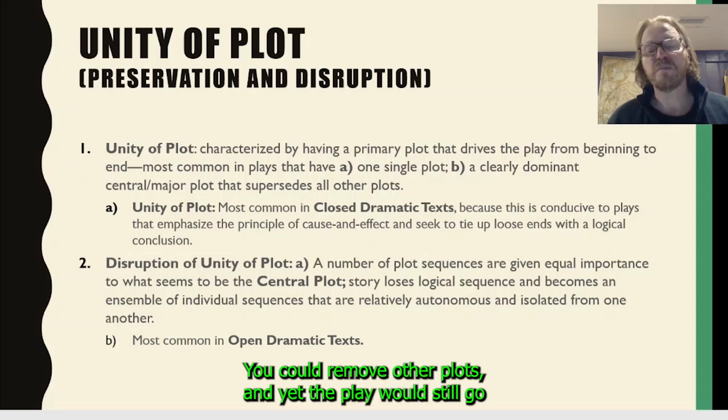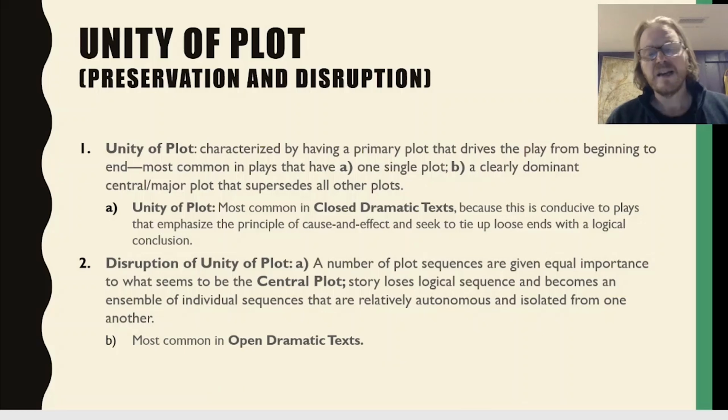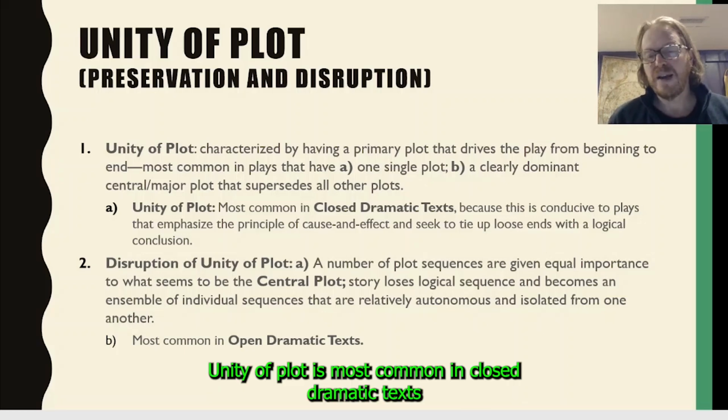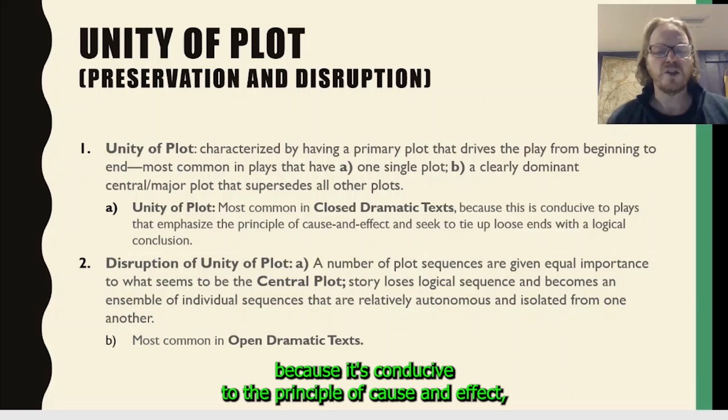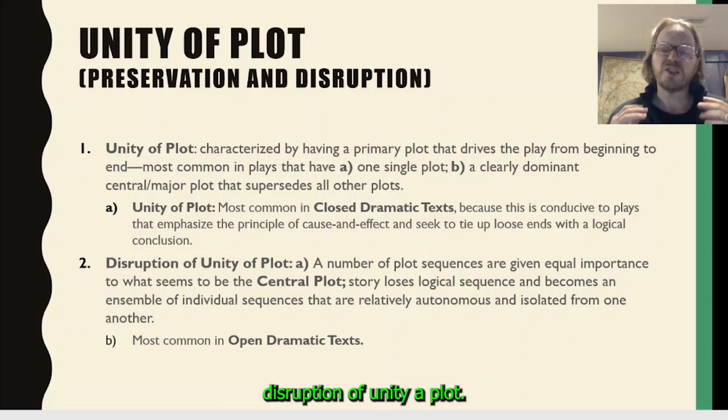You could remove other plots, and yet the play would still go from beginning to end on account of this one big plot. Unity of plot is most common in closed dramatic text because it's conducive to the principle of cause and effect, and it seeks to tie up loose ends with a logical conclusion. Disruption of unity of plot.